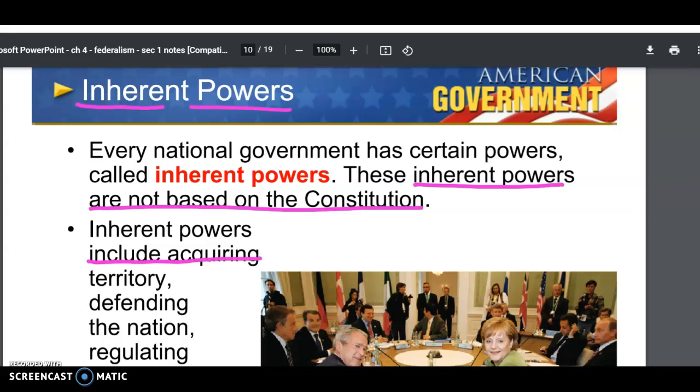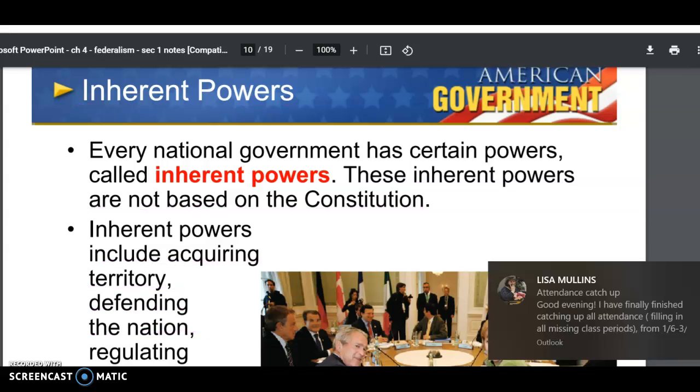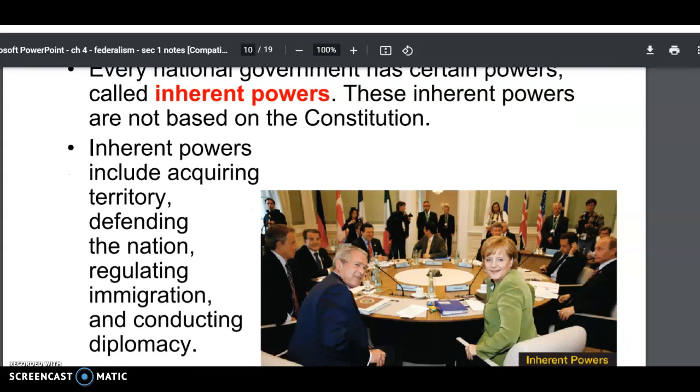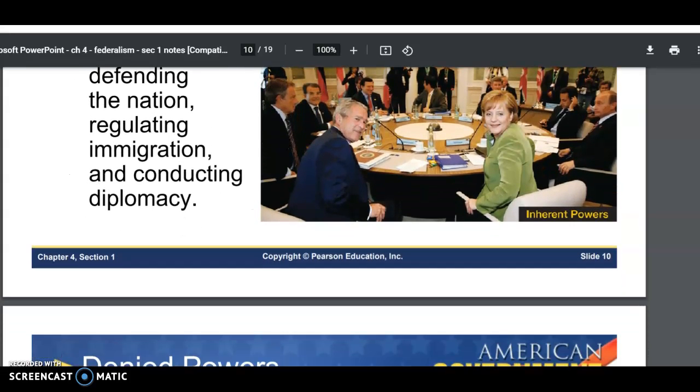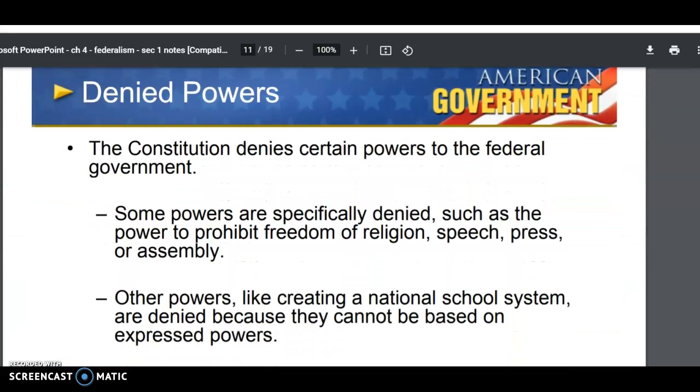They include acquiring territory, defending the nation, and regulating trade. So those are inherent powers. Regulating immigration, conducting diplomacy.